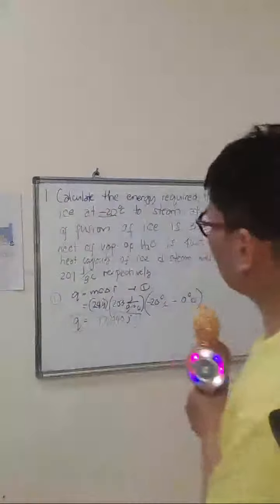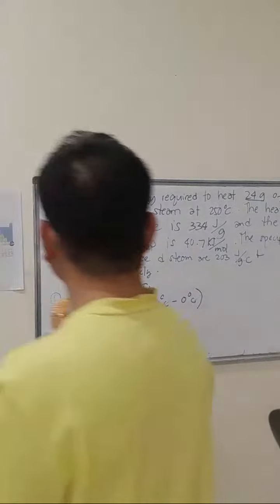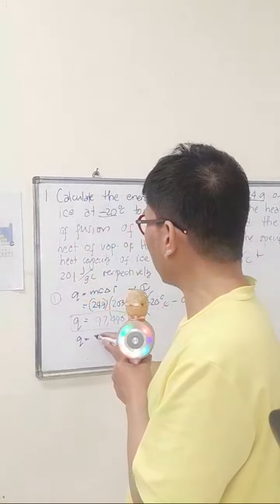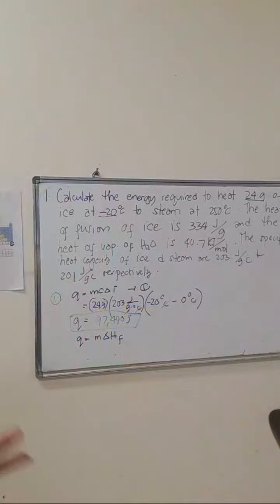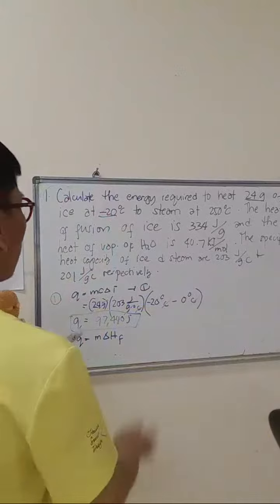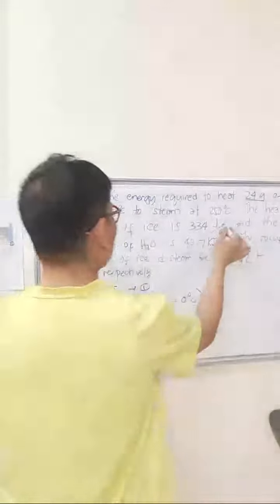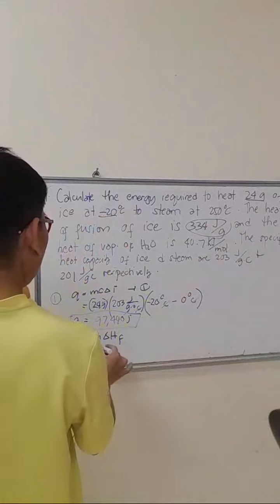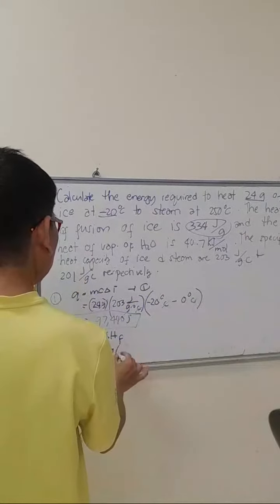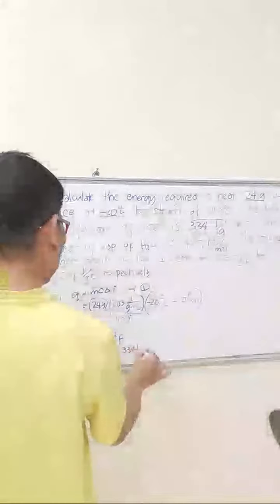And then for the phase change, Q is equal to the mass times the heat of fusion, because it's still solid and you heat that to negative 20, so fusion. The heat of fusion of ice is 334 joules per gram.